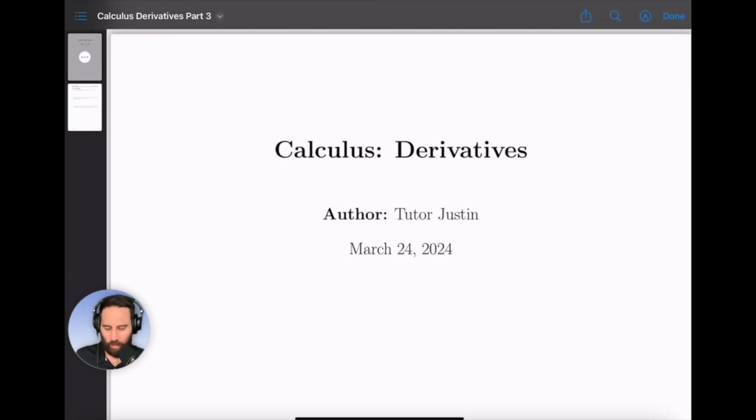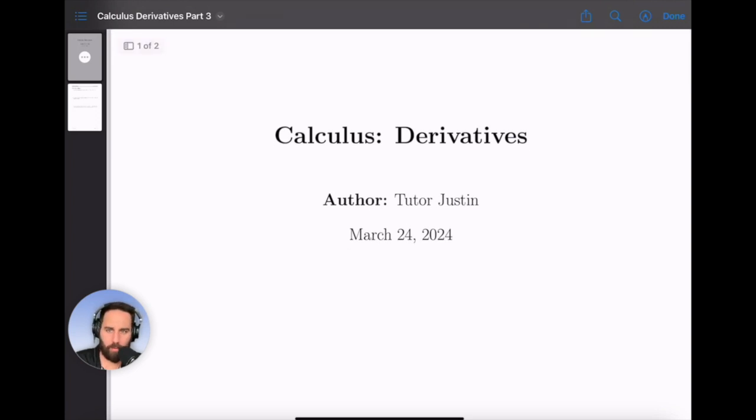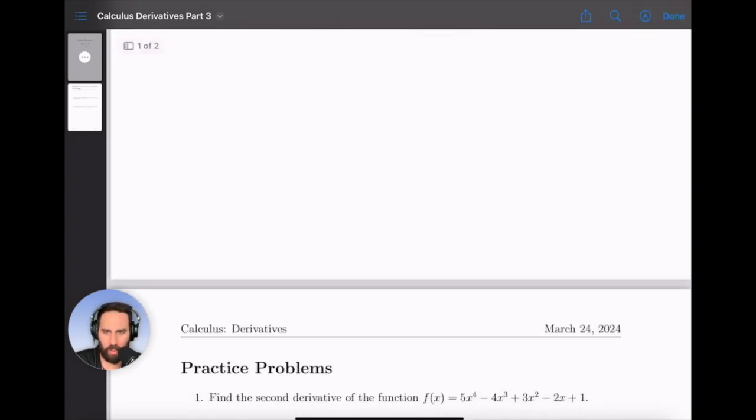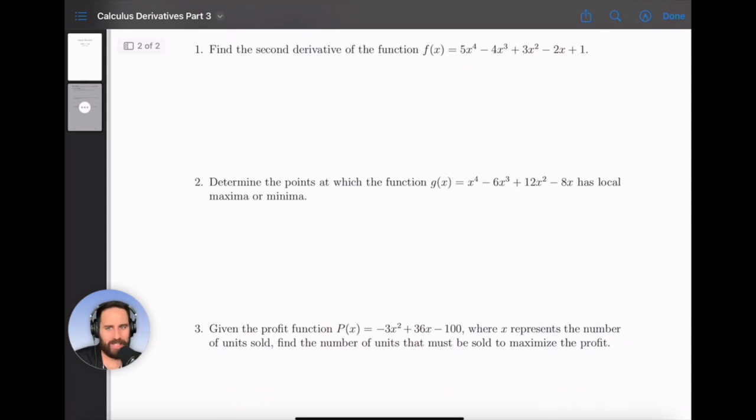Okay, so we are on our derivatives for our calculus series. This is part 3 of our derivatives, and as you can see here, we have the second derivative, maximum or minimum, and a profit function. On a separate sheet of paper, I wrote down my answers for each of the practice problems, 1, 2, and 3, just to see how ChatGPT checks your work.